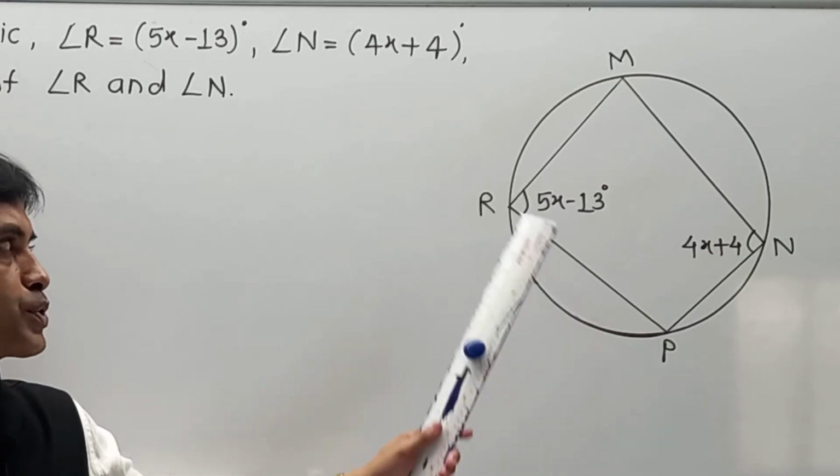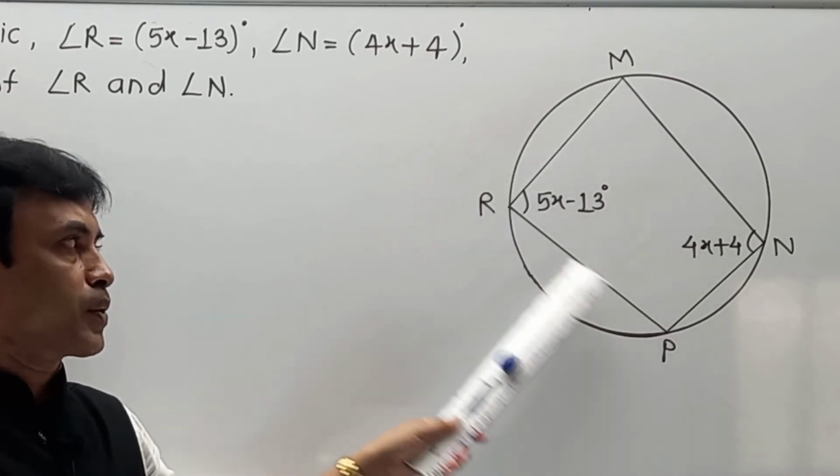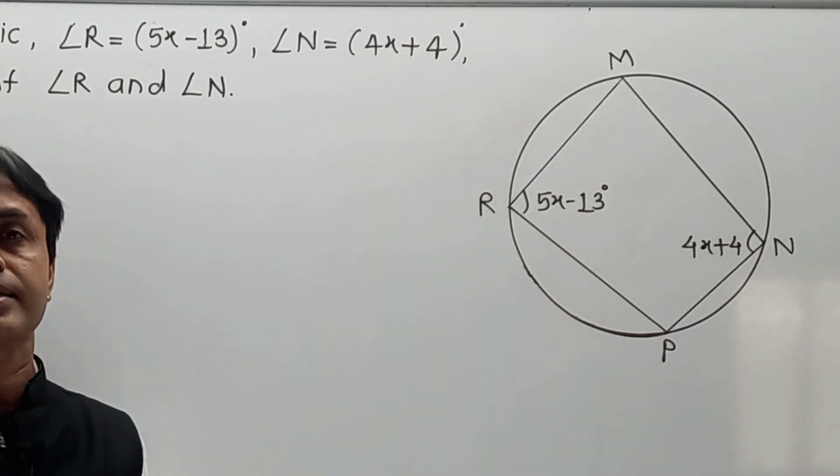And here we are using a property. In case of a cyclic quadrilateral, its opposite angles are supplementary.